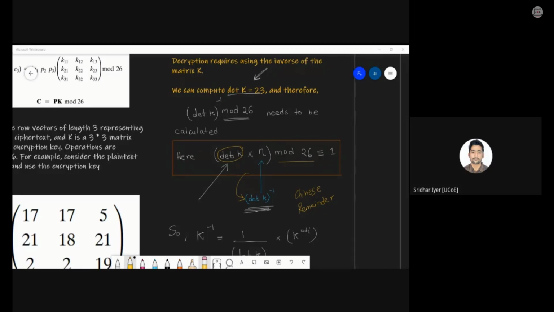Whatever value gives 1 as the answer, that is the corresponding value of n, which is nothing but determinant K inverse, or K inverse you can say. Yes, Dhruv, correct answer. So you basically have to divide it into two parts. You can also use mobile phones for quick answers. Yeah, the lowest one you have to consider because we can't go beyond 26. Na? We are doing mod 26 operations.